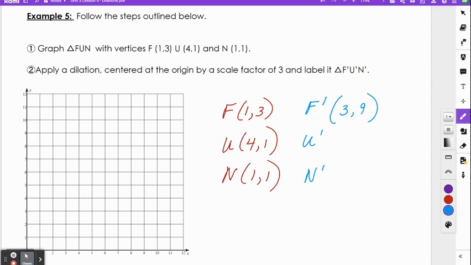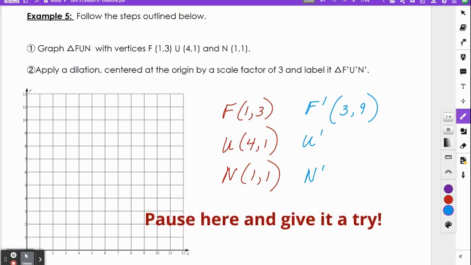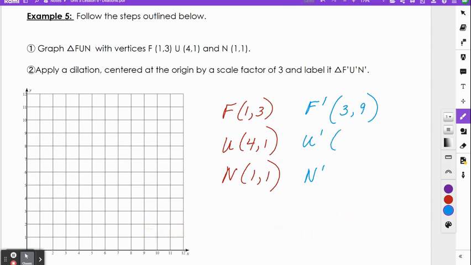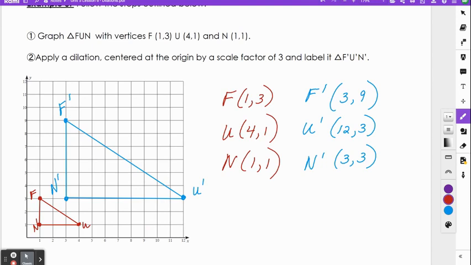So at this point, I would suggest you pause the video and see if you can finish it yourself, and then when you're ready, restart. And so here we're showing the pre-image, I have it in red, and the image in blue, and that's what you should have seen on your paper when you tried this on your own.